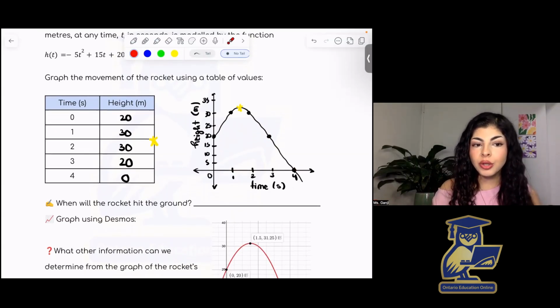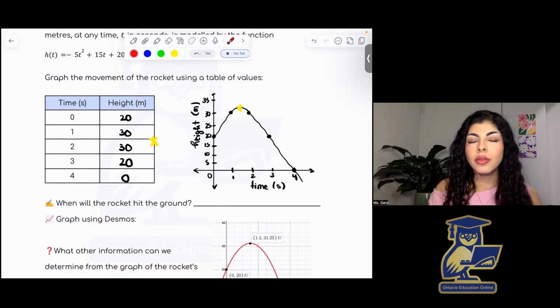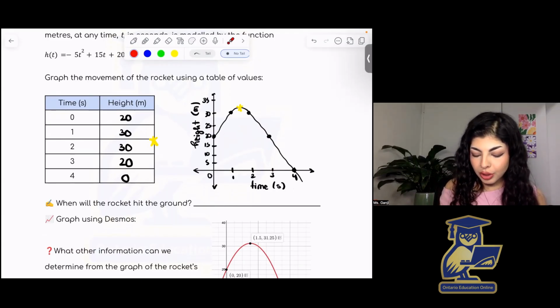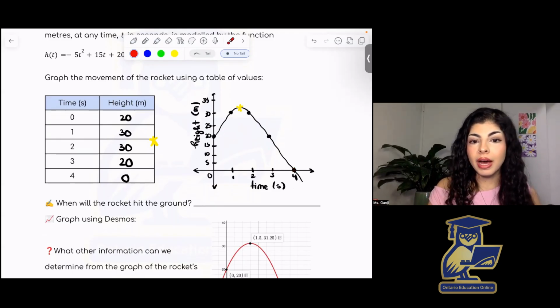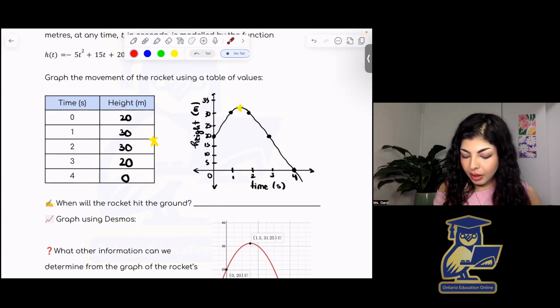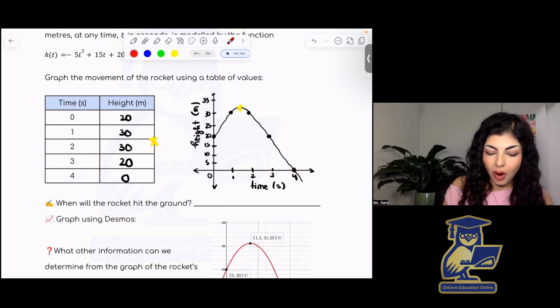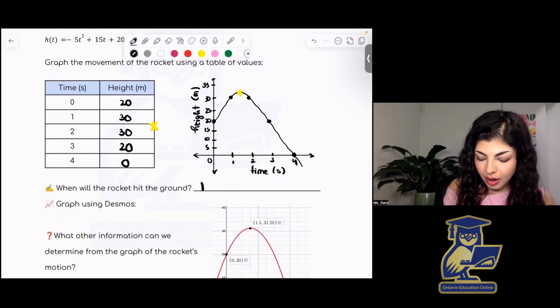So the question you're asked is when will the rocket hit the ground? When the rocket hits the ground, its height is 0 because that's the same as the ground. So we are essentially looking at this point over here, which is going to give us that the rocket hits the ground at time equals 4 seconds.